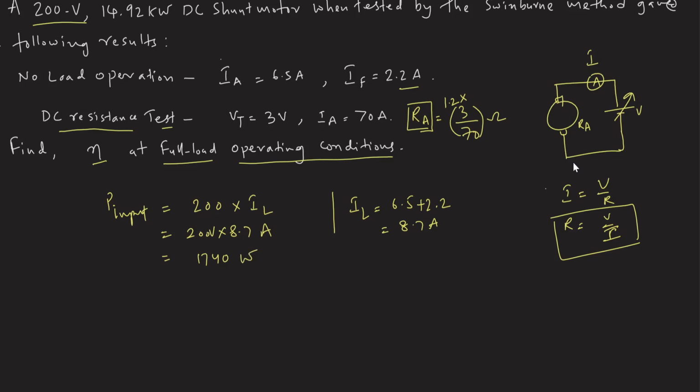1740 watts. Okay. Now in this, if I subtract the armature copper losses under that condition, armature copper losses will be 6.5 square into the armature resistance. Let us not take any multiplying factor because I am just giving the concept, but let us take only 3 by 70.